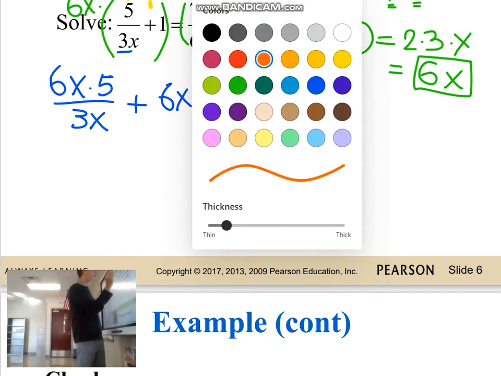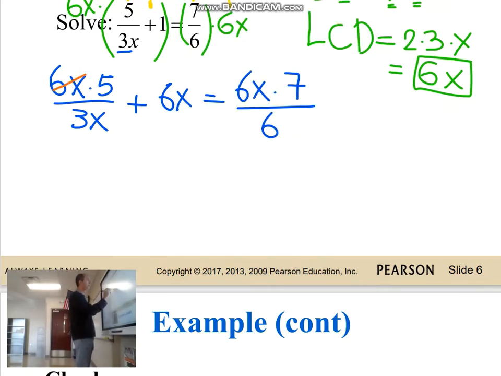And the whole point is to simplify, to be able to cancel all the denominators. Let me see if we can do this. 6x divided by 3x is 2, and 6 we can cancel out with 6, and that means we will have only 2 times 5 remaining.